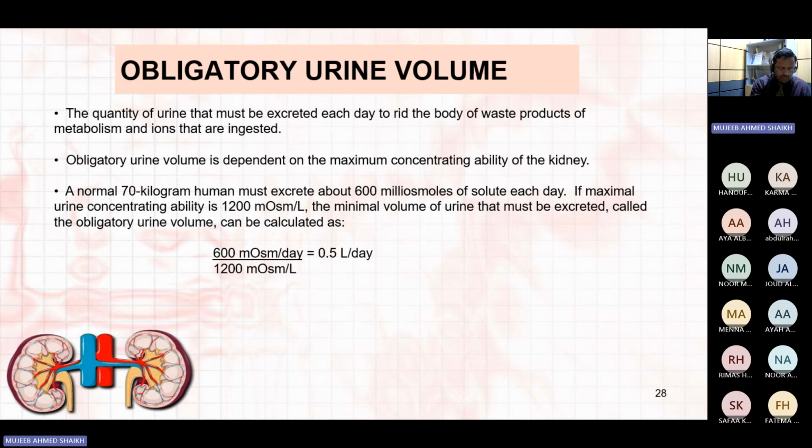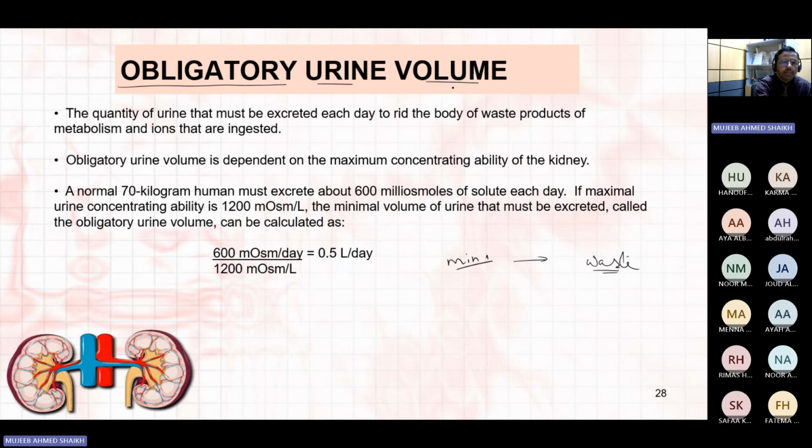The last point for today's lecture is, what is the minimum quantity of urine a person should pass to get rid of the waste products? This is known as obligatory urine volume.